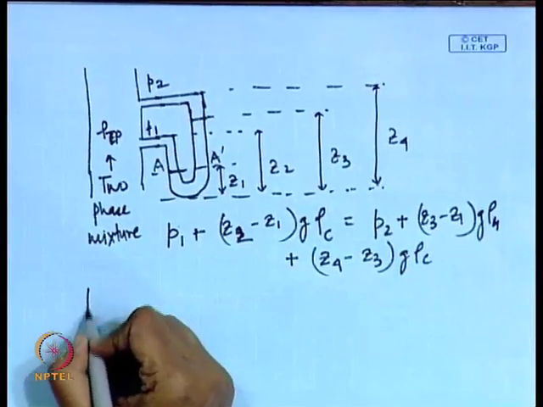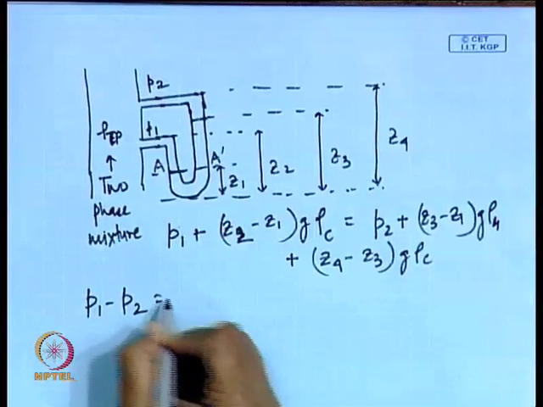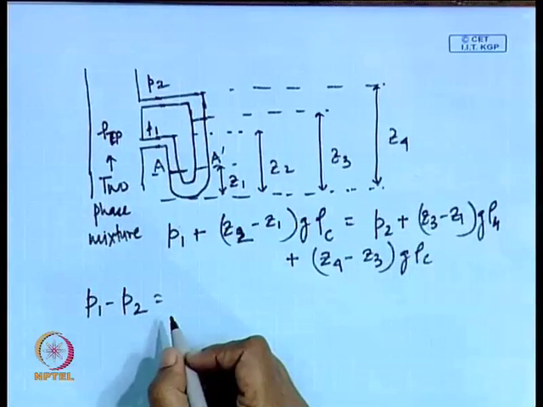So from here, what do we get? P 1 minus P 2, if you just rearrange it, what are you going to get in this particular case?